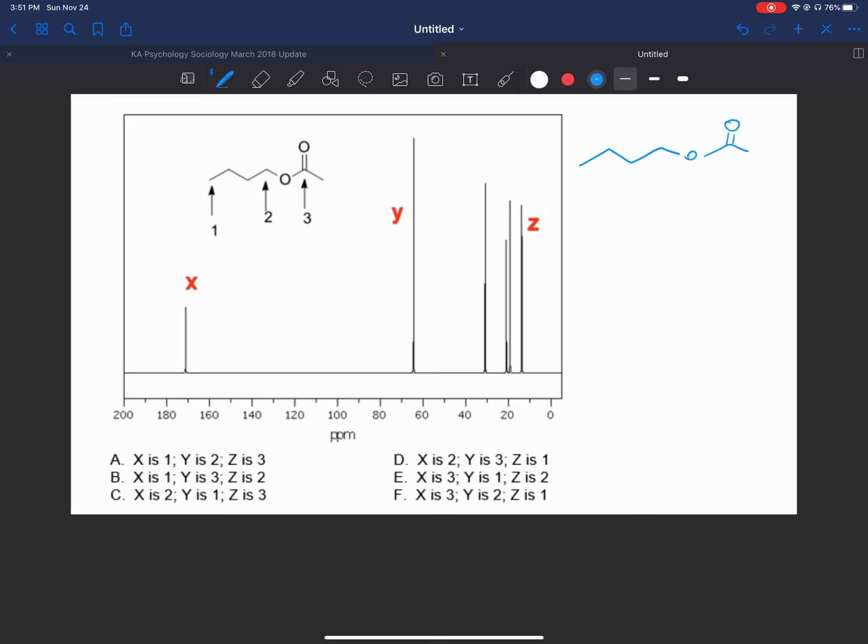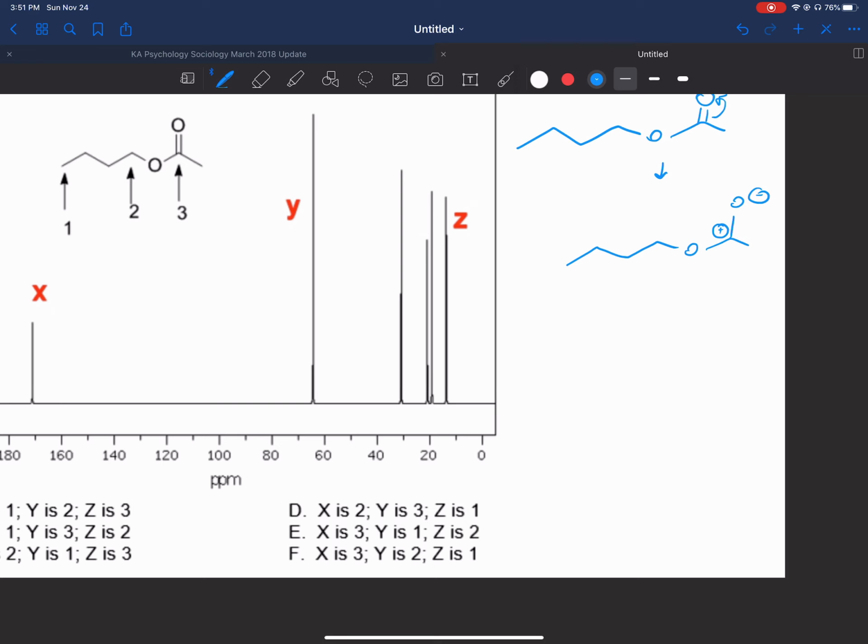We have this compound. What I'm going to do is resonate this carbonyl bond up. O minus, positive charge. So look at this. Through resonance, remember this is labeled as carbon 3, we got a positive charge on our carbon.